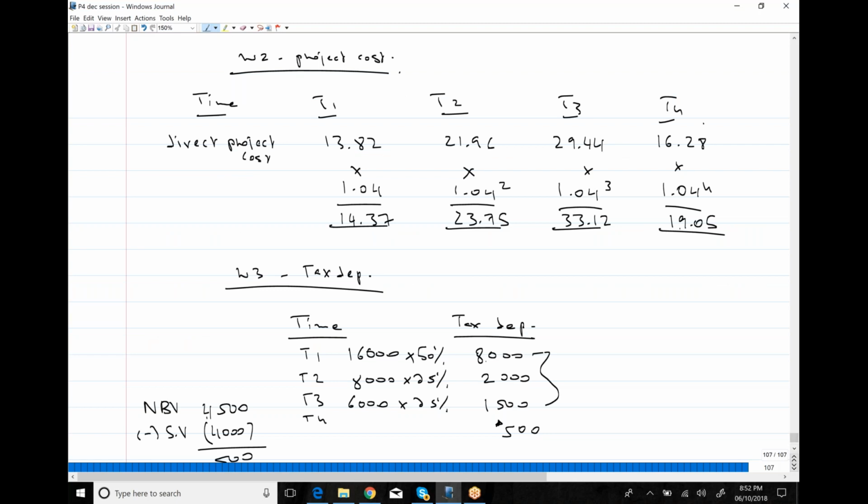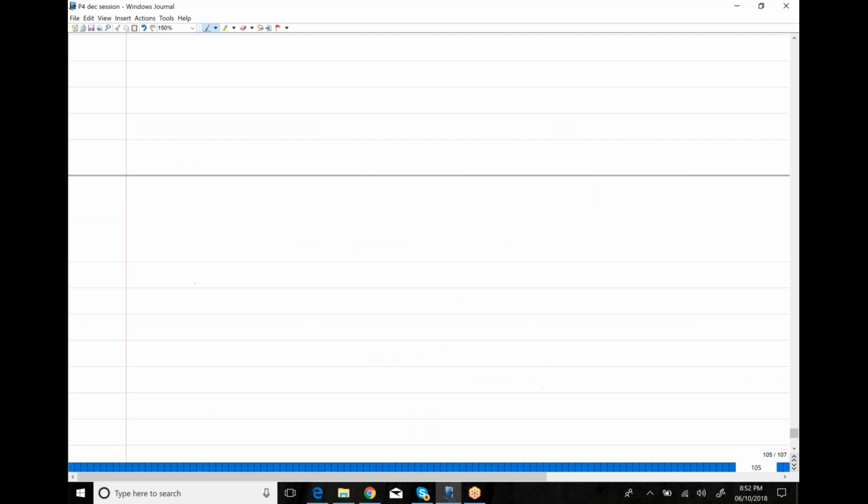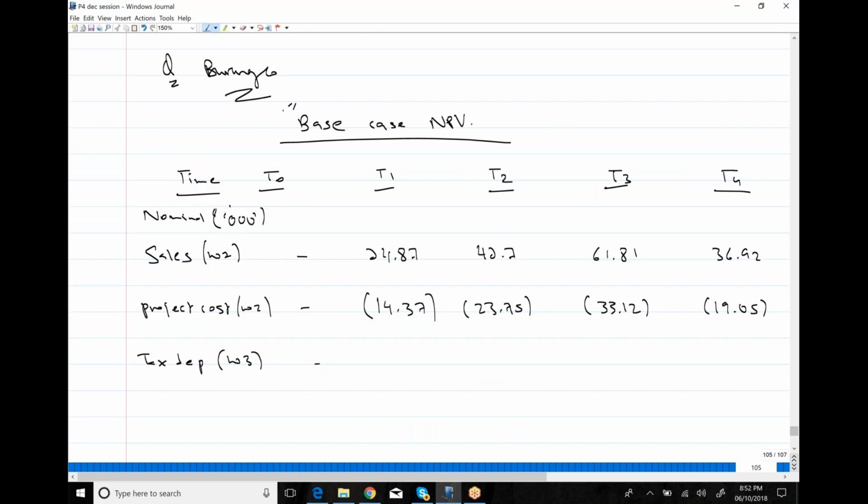So just take this thing as 8, then 2, then 1.5, and then 0.5. Okay. So we are working in million. So it is 8, then 2, then 1.5, then 0.5. Okay. So that will give you with your taxable profit.